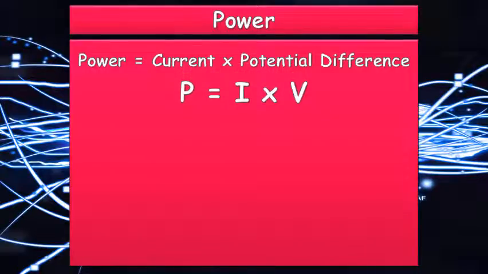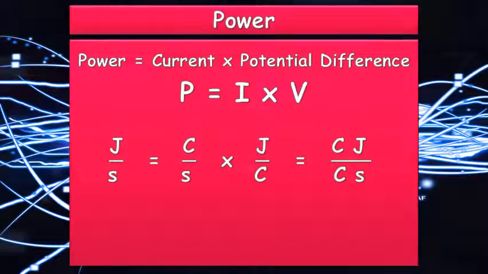So P equals I times V. And just to make sure we get the units right, power is in joules per second, which equals coulombs per second, which is current, times joules per coulomb, which is, of course, voltage from our previous lessons. So the coulombs cancel out, giving joules per second.